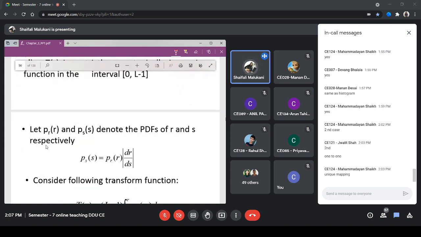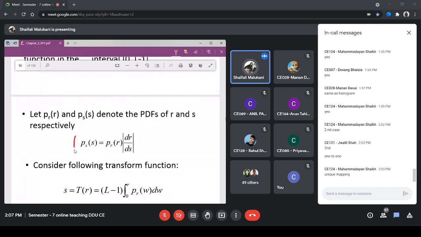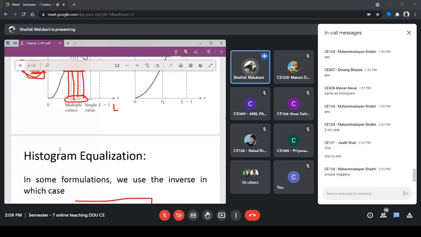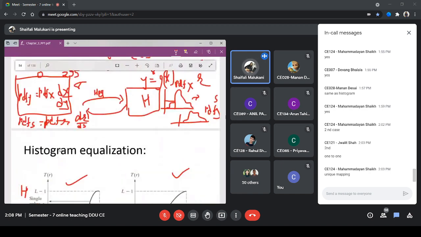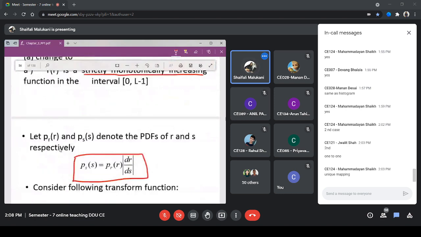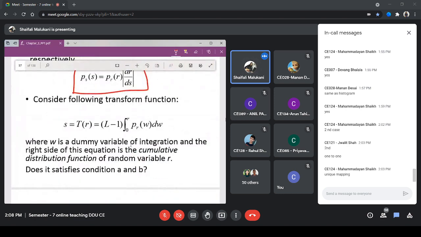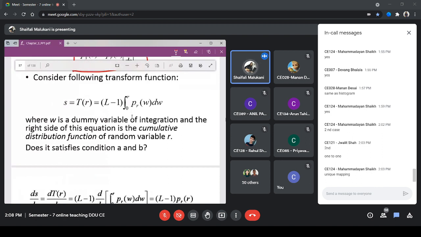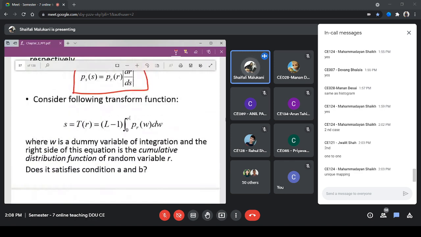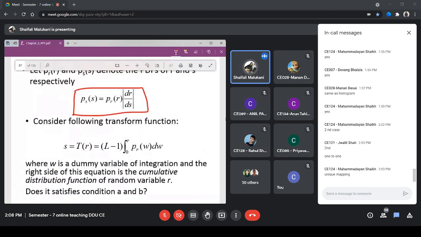So that is one more relation that we might need. These two are the characteristics that we are going to accept. One more transformation rule we will need, but I will let you know when it will be required.